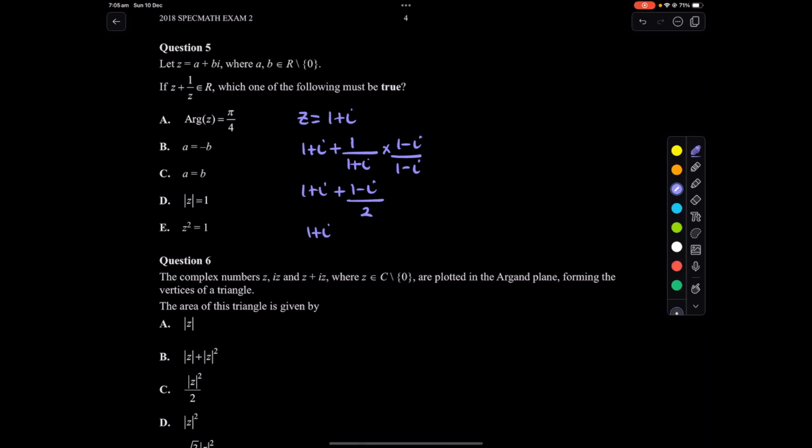Hence 1 plus i plus half minus half i. Hence your final is 3 over 2 plus half i. Now this has a complex number, so it has an i, so this is not real. So A is false. Done.